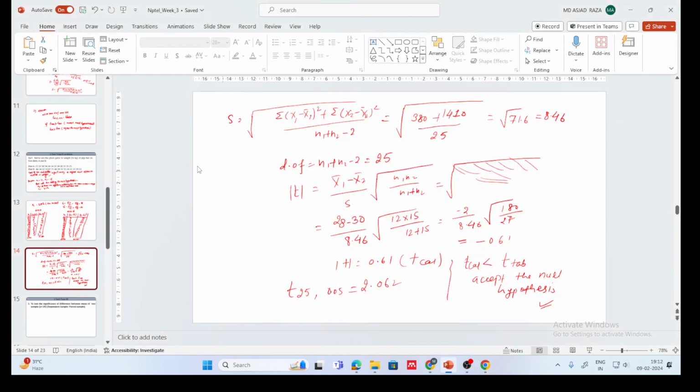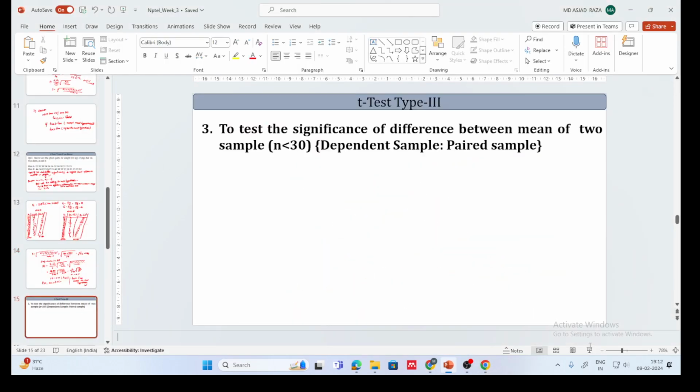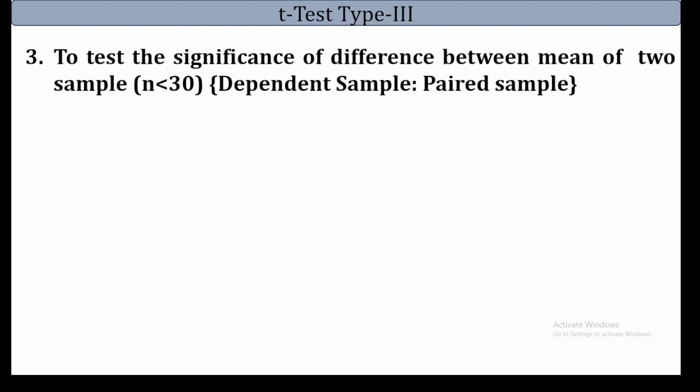I will explain that next part. Meanwhile, you can write. The third one is that we were having two independent samples, but now we have the dependent sample. It's a paired sample. Like we have administered the polio drug to a group of people, and we check whether before the drug or after the drug what is the significance.